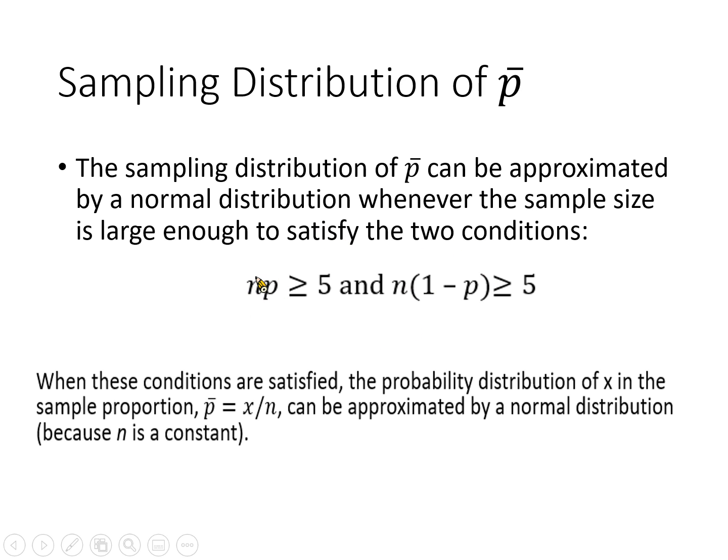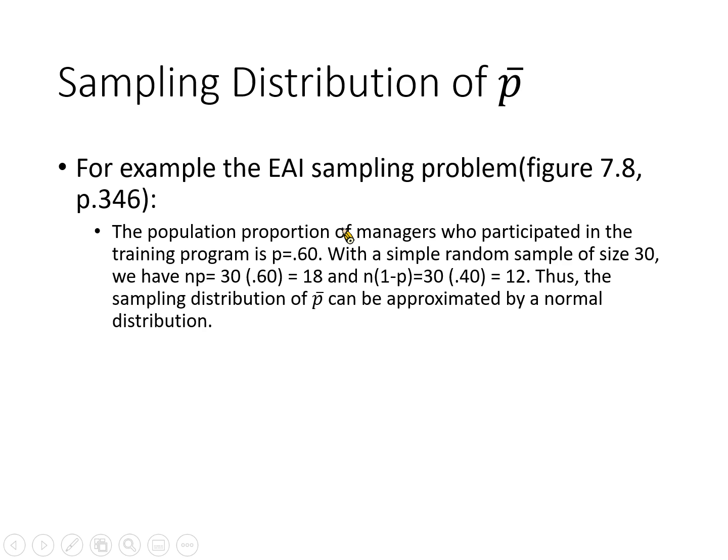The sample size n multiplied by the proportion p is greater than or equal to 5, and the sample size n multiplied by 1 minus p is also greater than or equal to 5. If both conditions are satisfied, then we can say the distribution can be viewed as approximately normal.